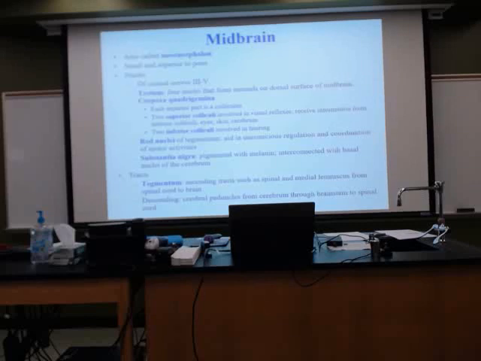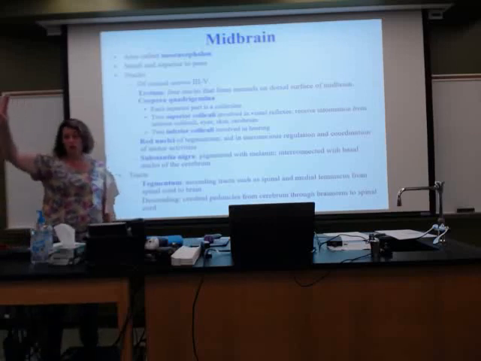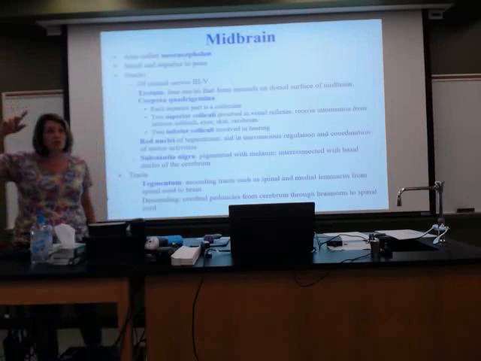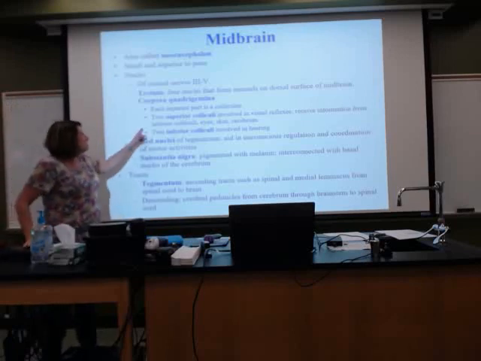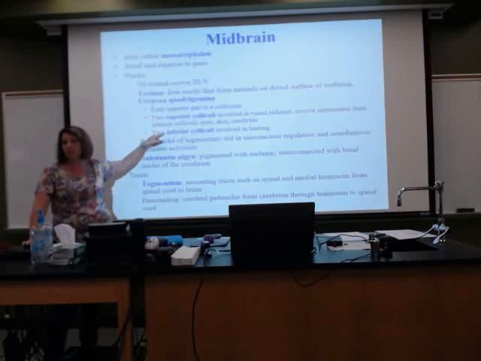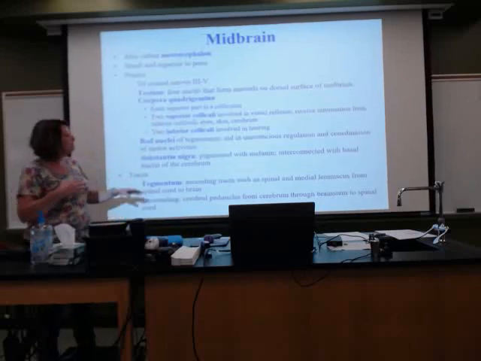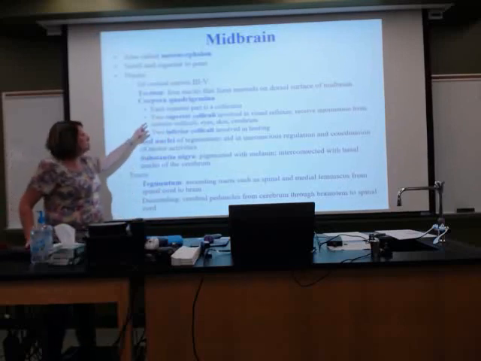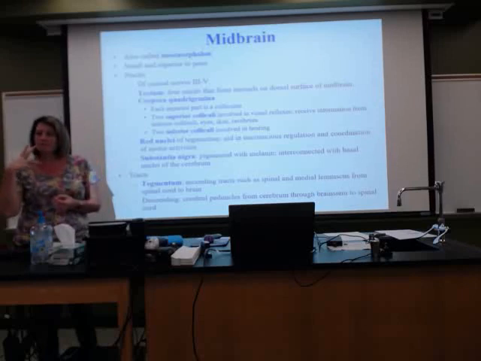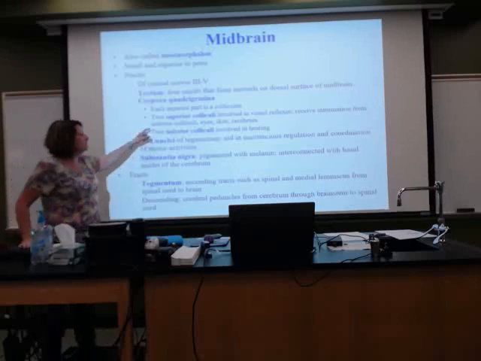So if we look at this area of the midbrain, very small area, think of it having 4 of these nuclei, these areas of dense nerve cell bodies. 2 upper, 2 lower, 2 superior, 2 inferior.